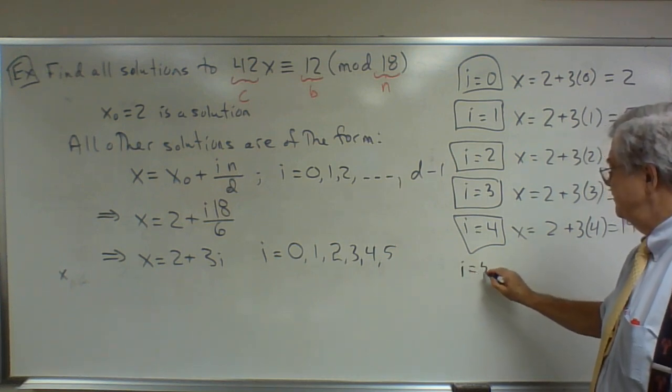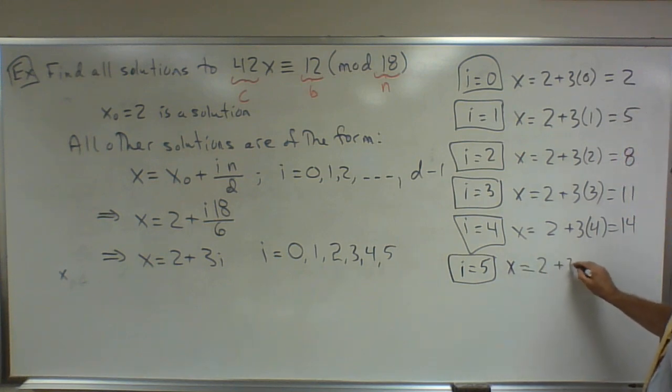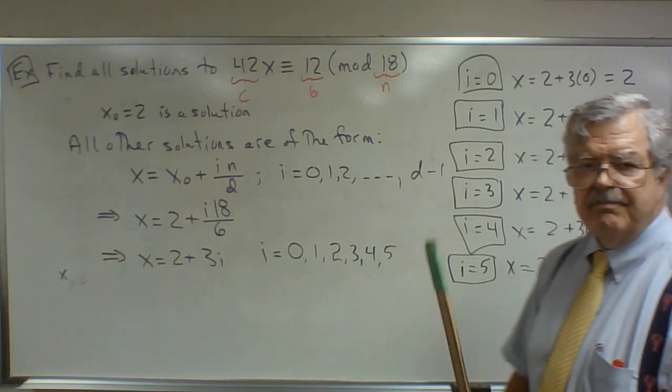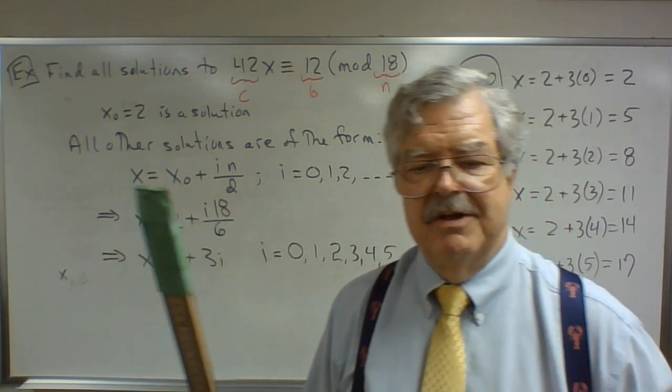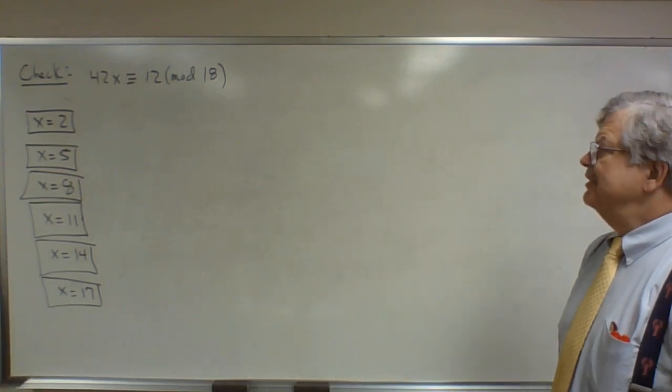I equals 5. X equals 2 plus 3 times 5, which is 17. Okay. Now, just to keep ourselves honest, we'll check them. Now, let's put this baby to rest.